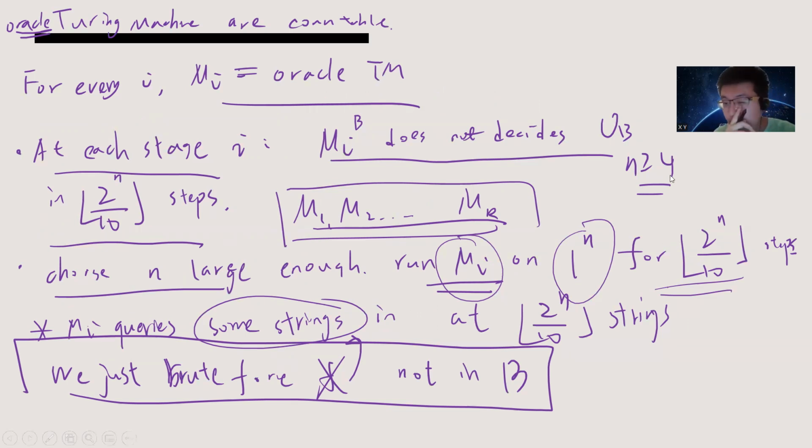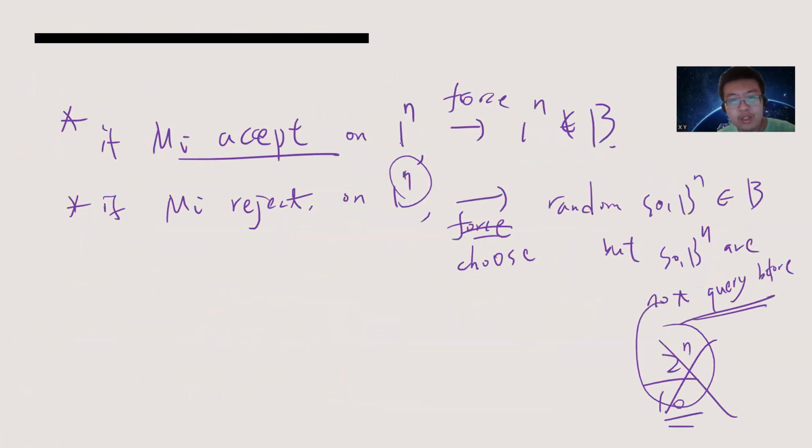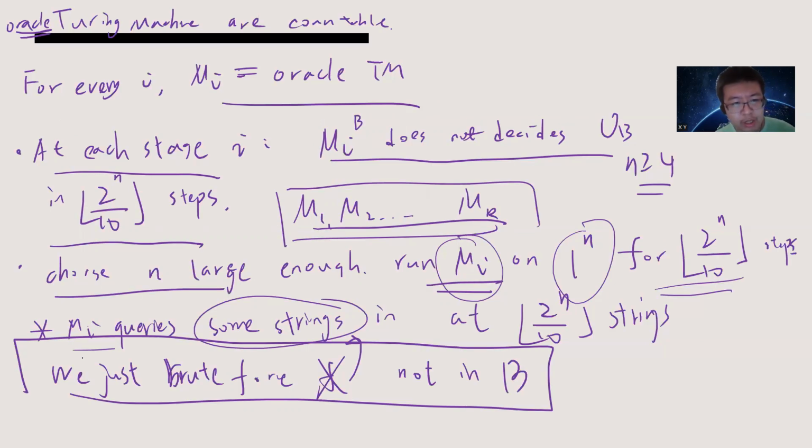You may think it's very trivial, that I just take whatever Mi accepts on 1^n and make it incorrect, but I need to worry that Mi may query some strings previously. So when Mi queries some strings, I just kill those strings, making sure that string is not in B.